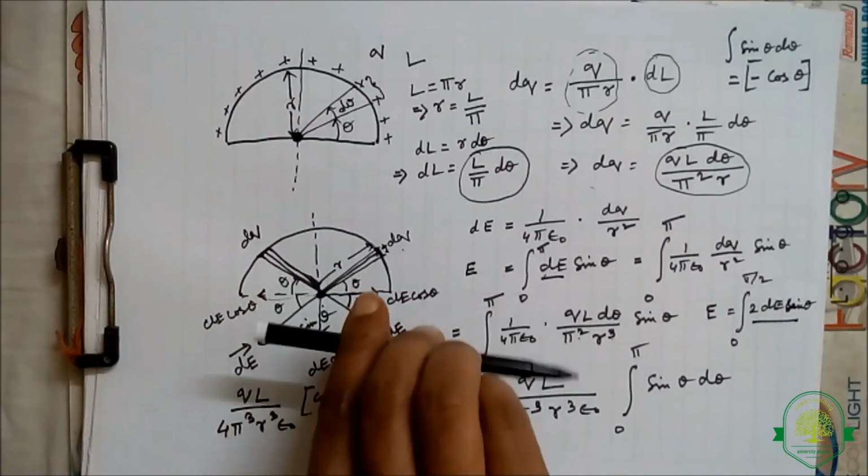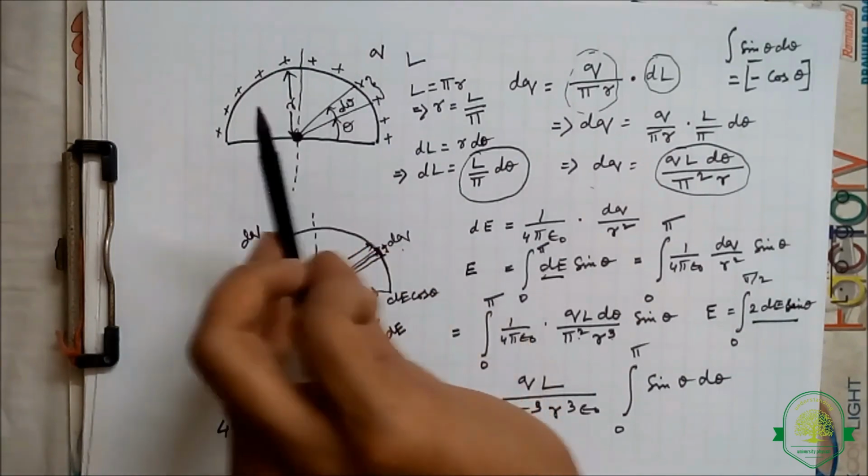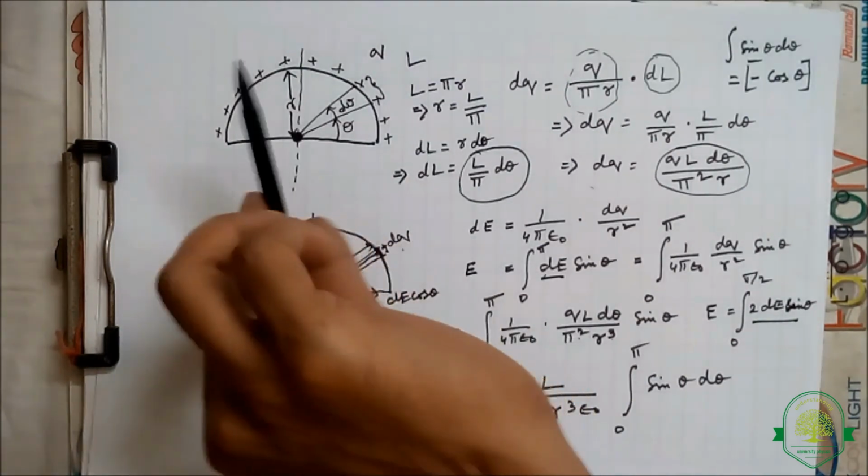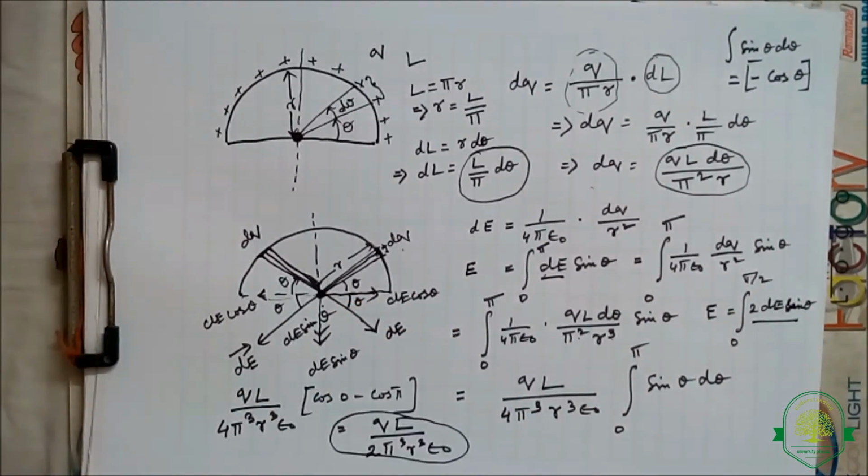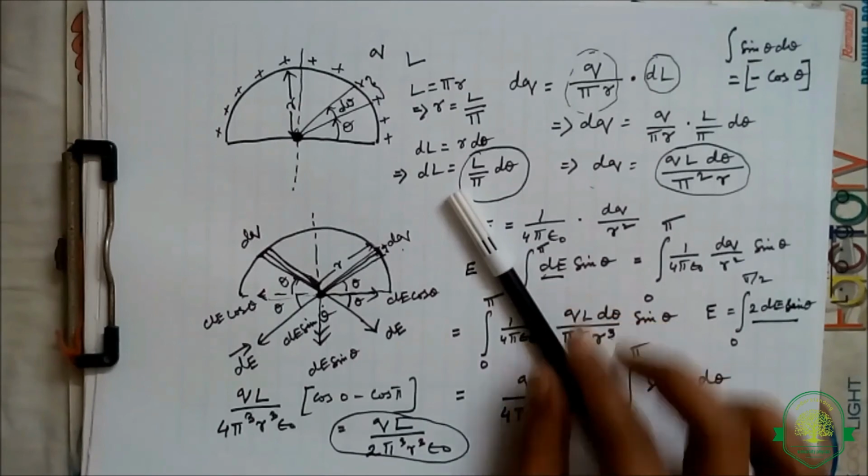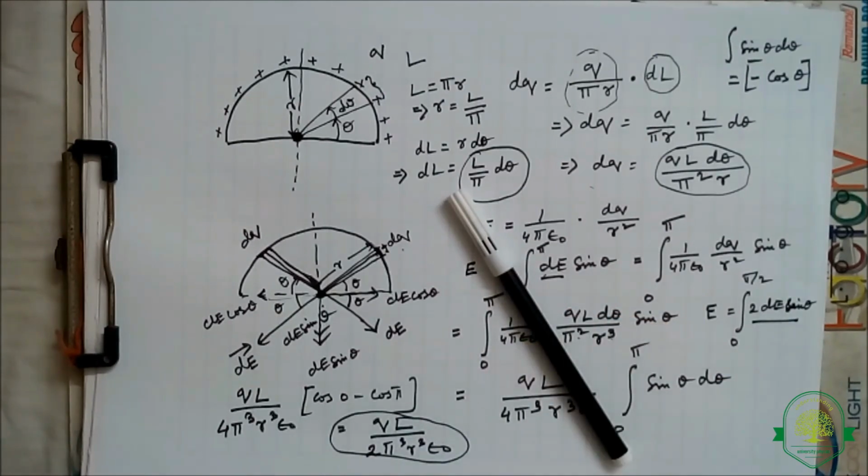So we'll only have to turn half the circle, half the semicircle. So that's it. So we have figured out what the expression for electric field is due to a uniformly charged semicircular wire at the center of the wire.